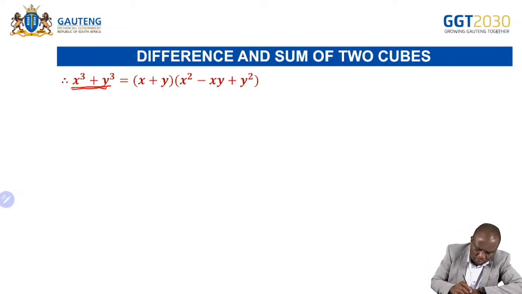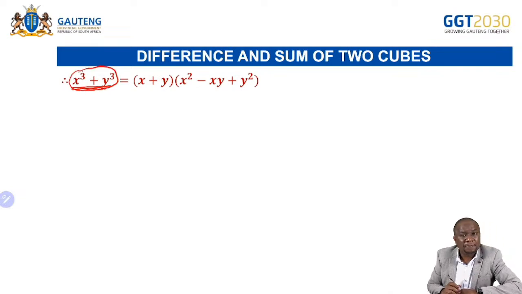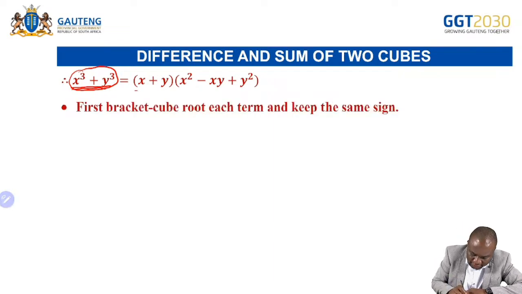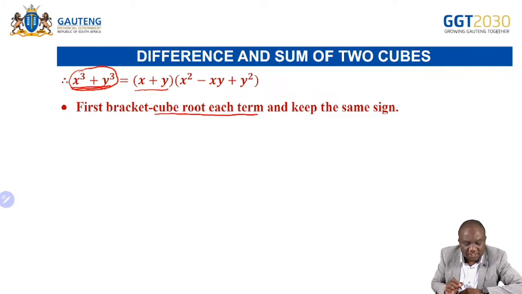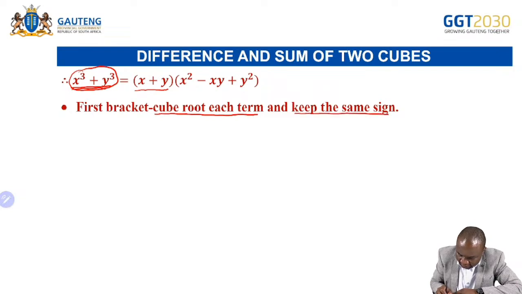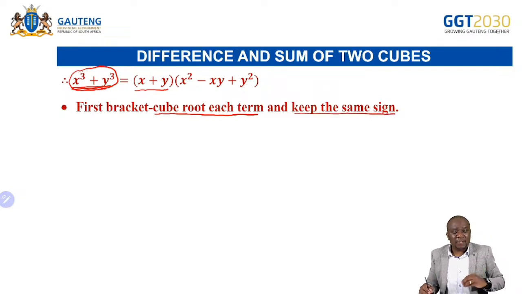Right. How do we factorize the sum of two cubes? What did I say last week? First point, first bracket. Cube root each term and keep the sign.